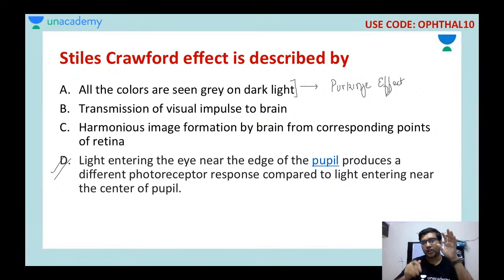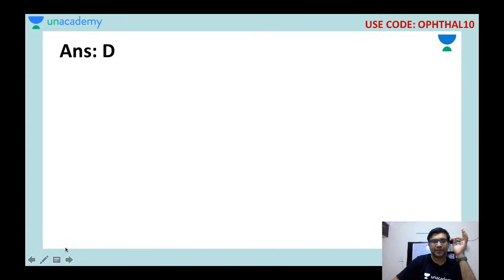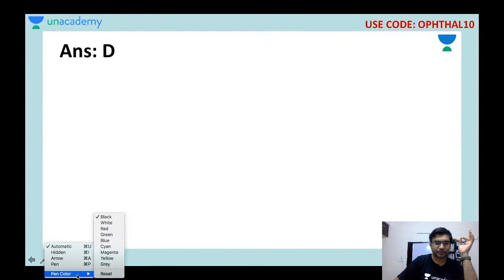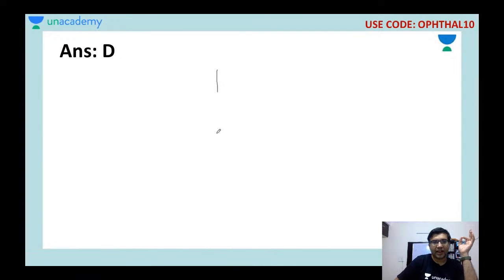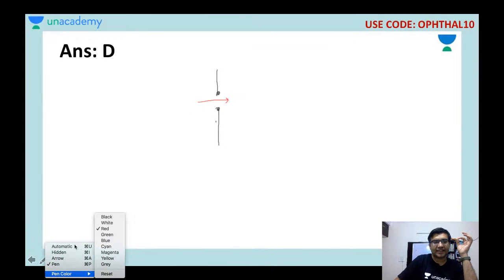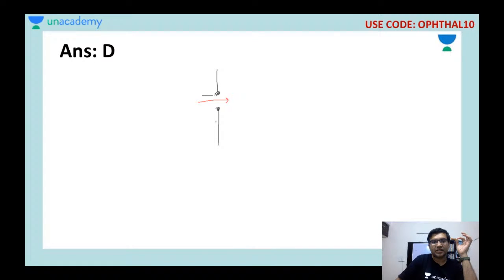The Stiles-Crawford effect, what it actually means is, let's say you have a patient, and you are making light enter the retina from the center of the pupil, and the other light is entering towards the edge of the pupil. So there are two different lights, one entering from the center of the pupil and the other from the edge of the pupil.